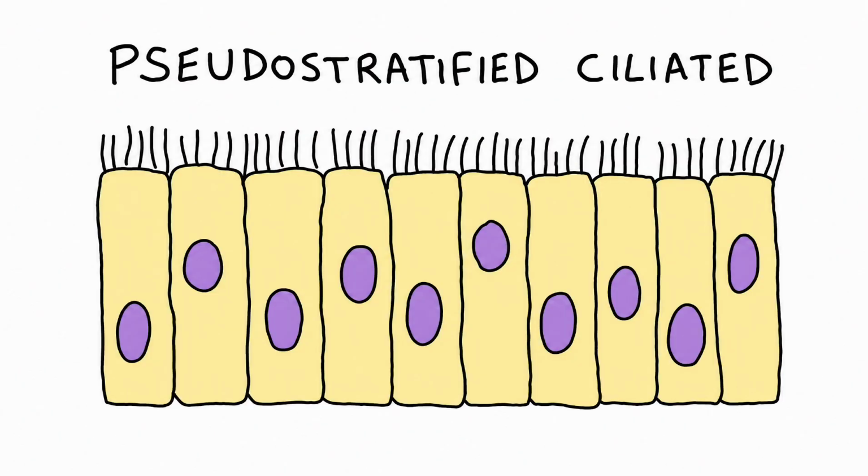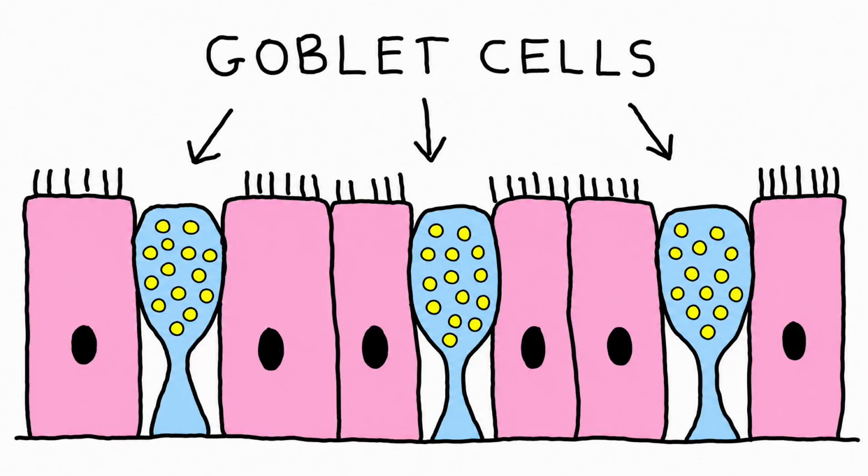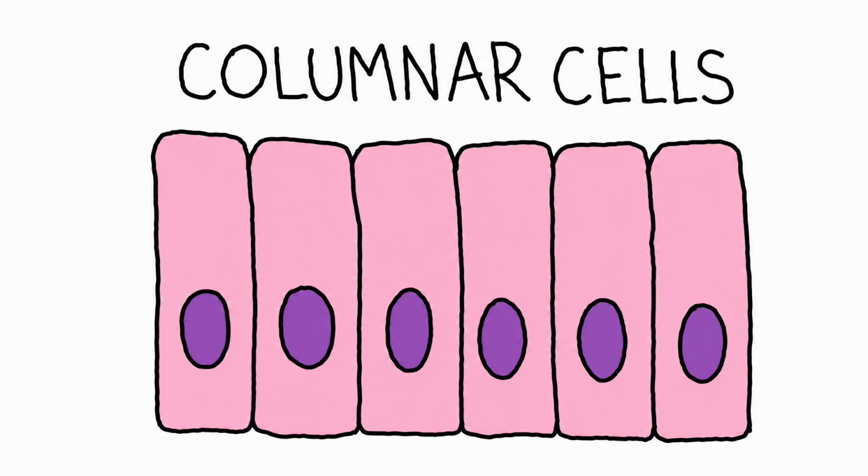So here with the nasal cavity, this is that pseudostratified ciliated epithelial tissue I was talking about earlier, and it is going to contain goblet cells, okay? Sorry, these are columnar.